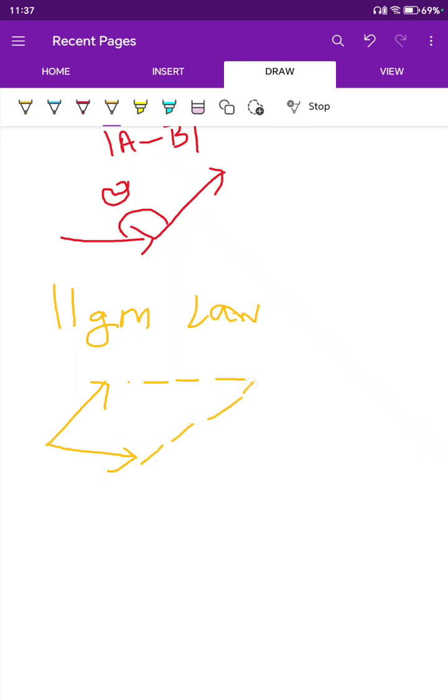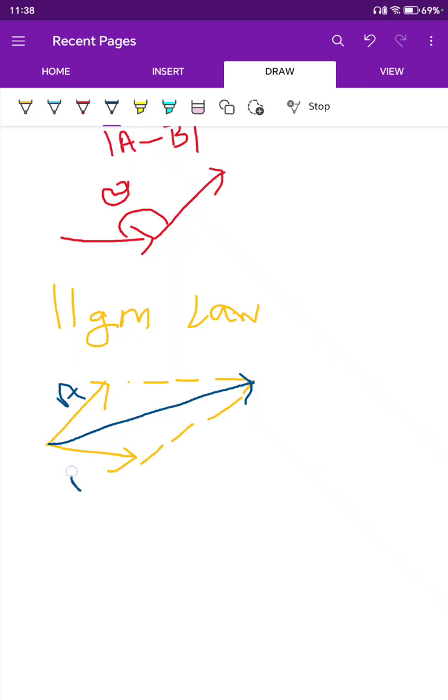From this vertex, where both tails are joined, to the opposite vertex, this is your resultant vector.